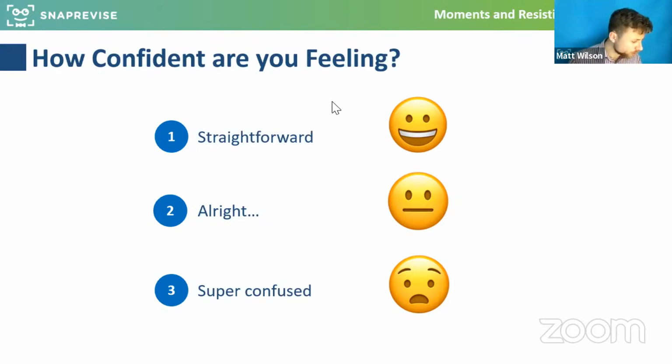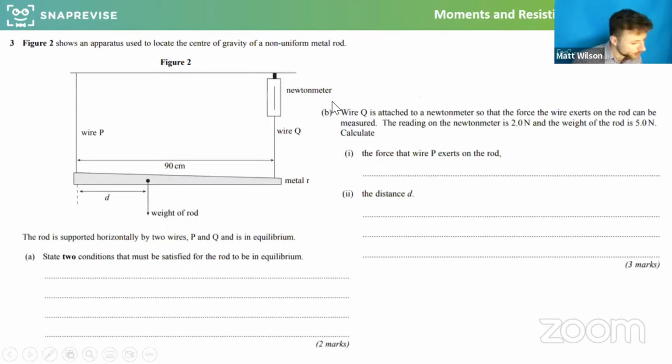Okay, well, we'll see an example now where the center of gravity is in a kind of funny place. Okay, so figure 2 here shows an apparatus used to locate the center of gravity of a non-uniform metal rod. So here we have this rod, and you can see it's kind of thicker on the left and thinner on the right. And that's the reason why in this case the gravity acts slightly on the left.